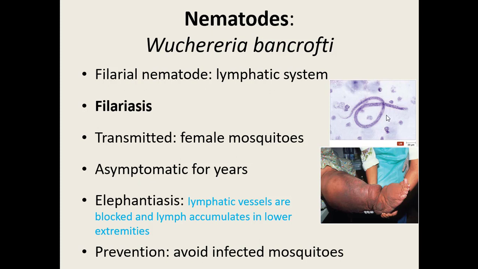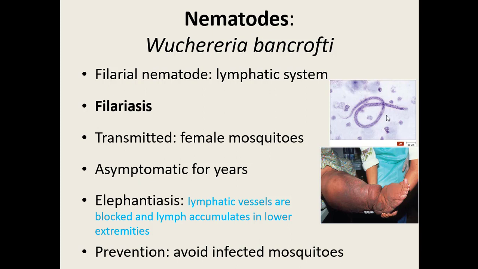Now again, it hangs out in the lymphatic vessels for years, usually asymptomatic. However, when there are enough of them, they eventually damage your lymphatic vessels. And that's when you end up with a condition known as elephantiasis. Those lymphatic vessels are damaged so much that the lymph can no longer flow through them correctly.